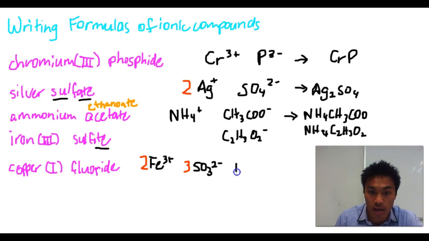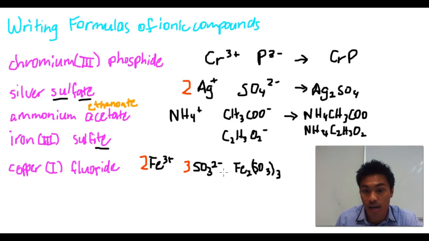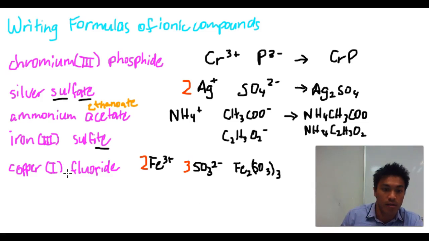So it's going to be Fe2(SO3)3, and this time we need brackets because we're multiplying that entire sulfite by 3. So we have iron III sulfite here, Fe2(SO3)3.